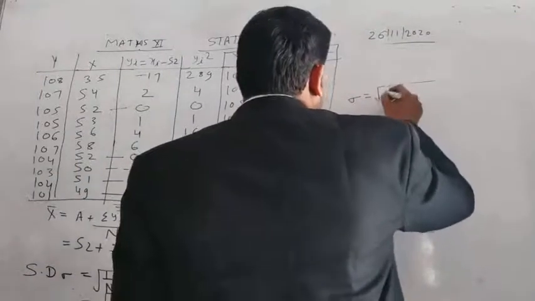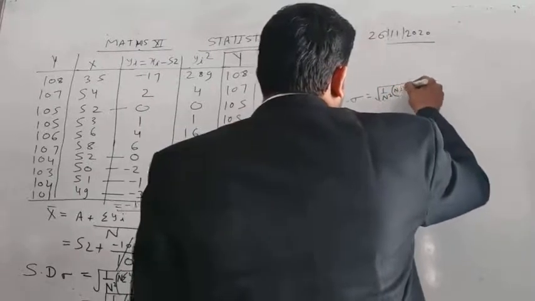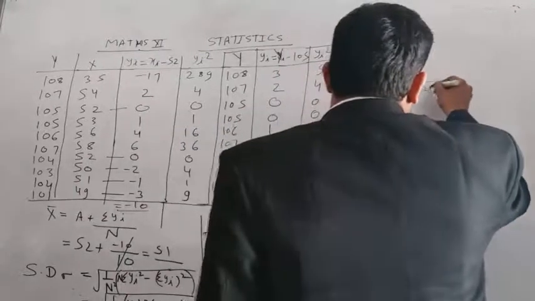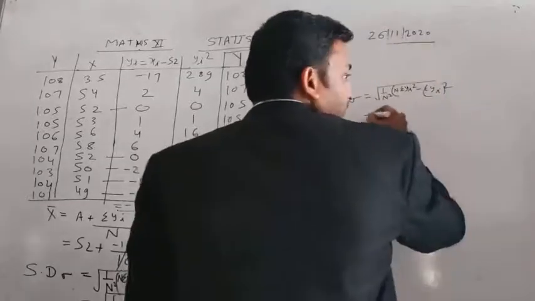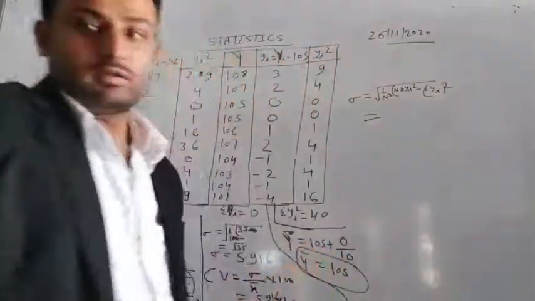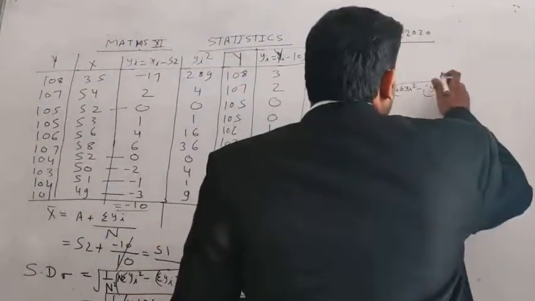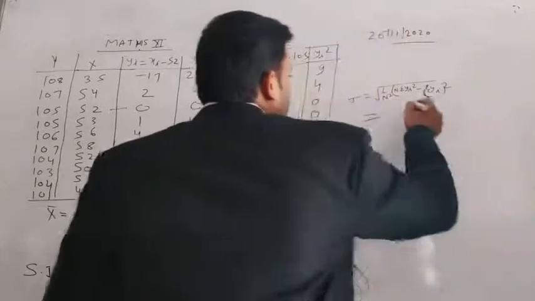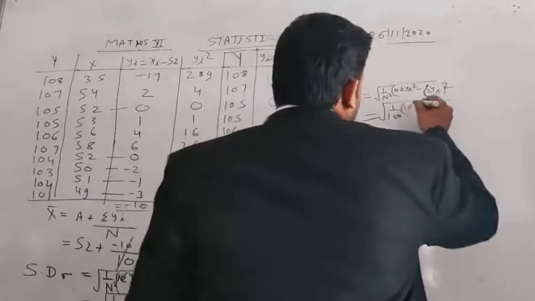Now we will find sigma, which is under root 1 by n square, n summation yi square minus summation yi whole square. So under root 1 by n square is 100, and this is 10.